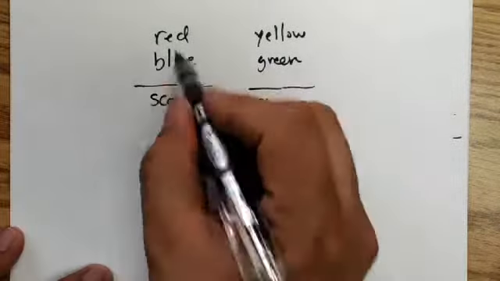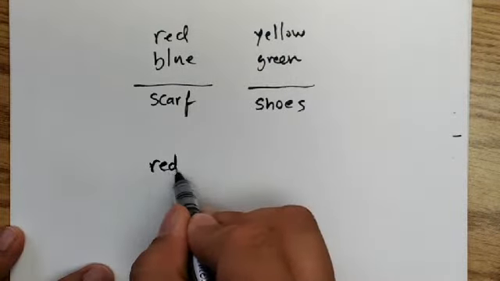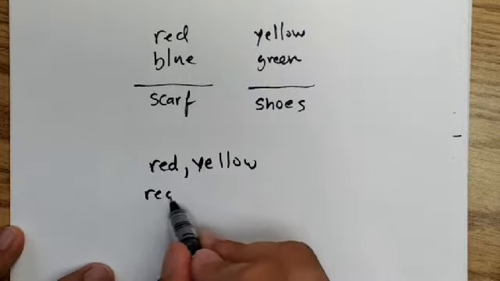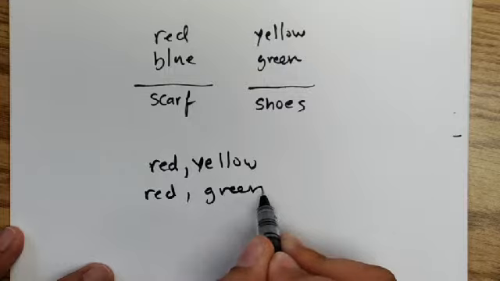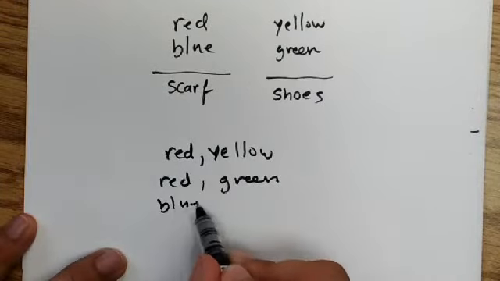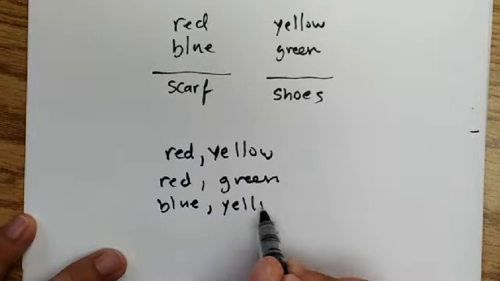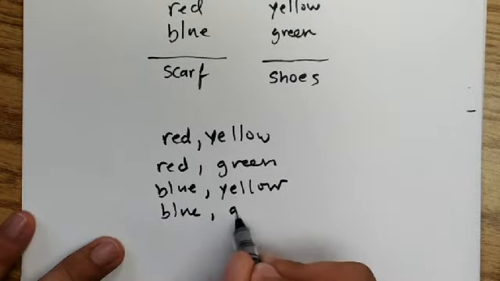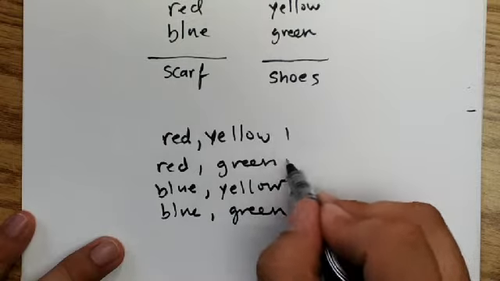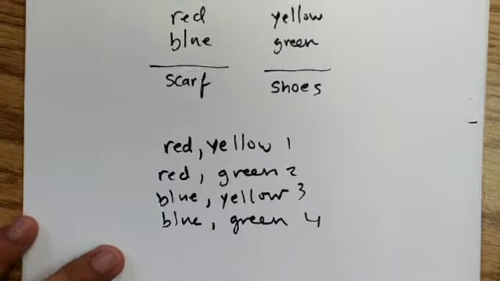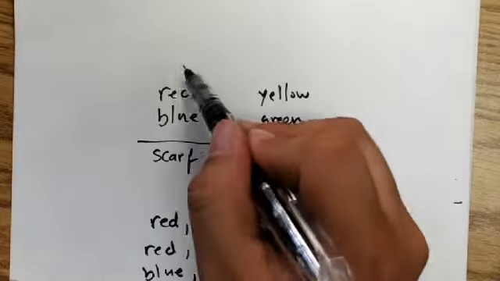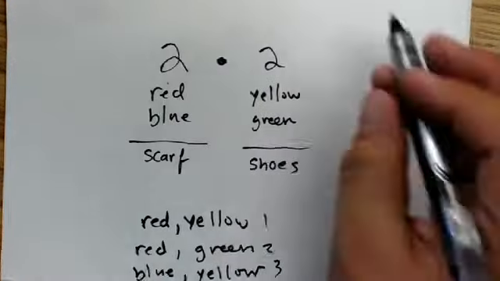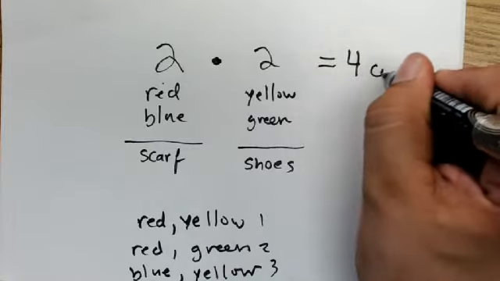Well, you could take a red scarf with yellow shoes, a red scarf with green shoes, a blue scarf with yellow shoes, or a blue scarf with green shoes. So it gives you a total of 4 configurations. That's expected because I have 2 choices here multiplied by the 2 choices here, which gives me a total of 4 configurations.